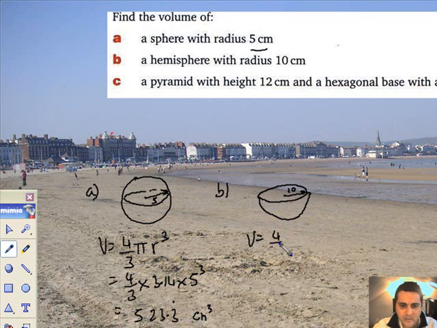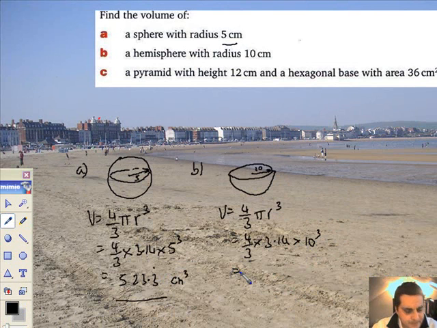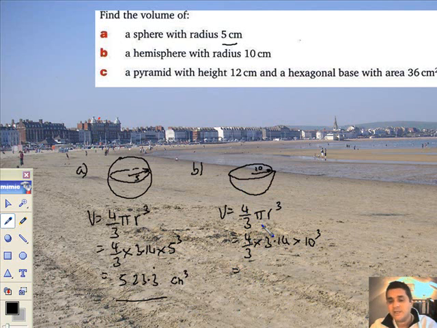Again, quote the formula. There's no marks for writing this down, by the way, because they're given to you in an exam booklet anyway. But for the purpose of teaching and for your own clarity, let's write it down. So 4 divided by 3 times pi times radius cubed, which is 10 cubed. We'll get our answer, and then divide by 2. Well, I didn't actually get an answer, did I? What I did was I actually did 4 divided by 6 times pi r cubed.